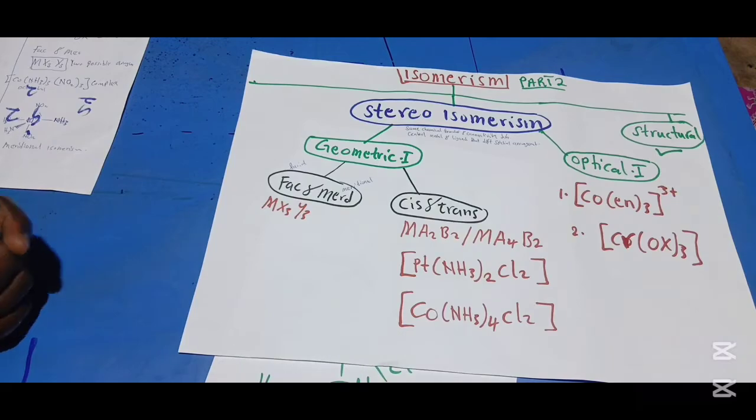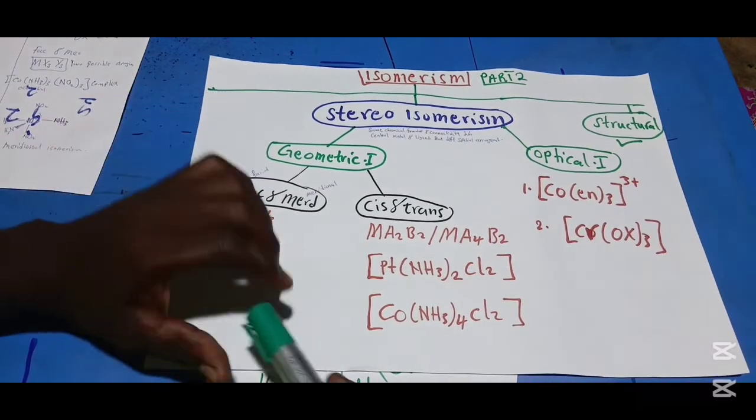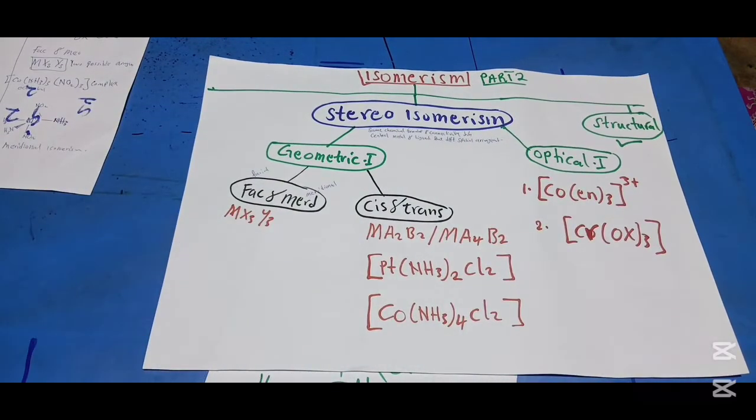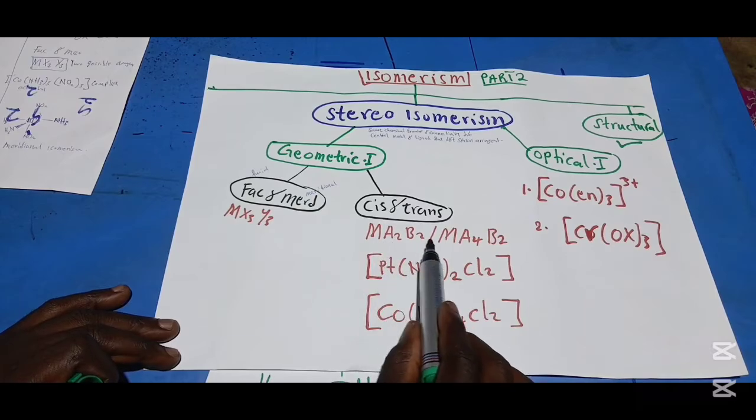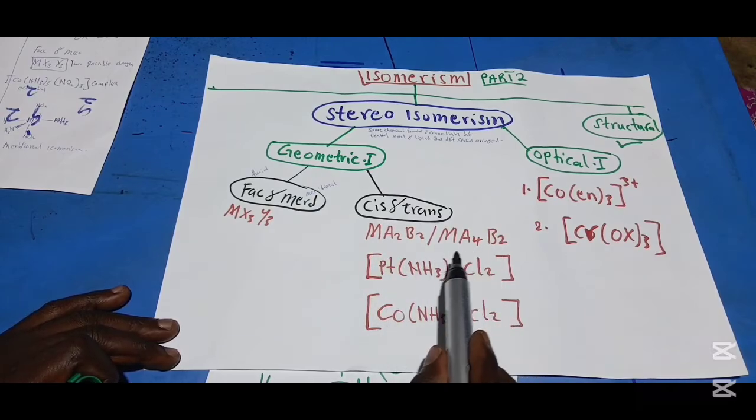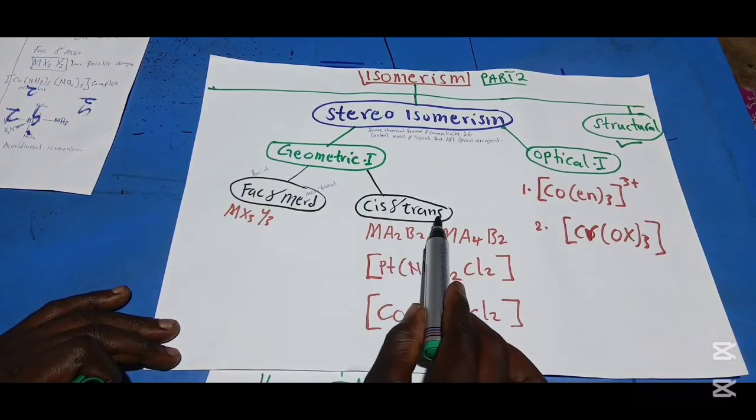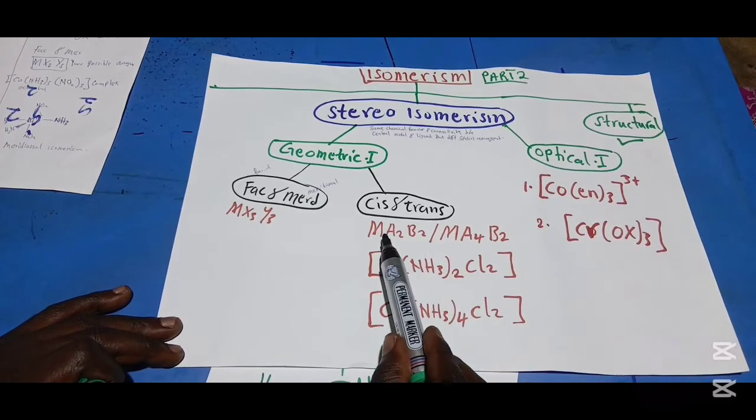So let's look at the cis and trans. For cis and trans too, just look at this formula. Complexes in this form highly exhibit cis and trans isomerism.